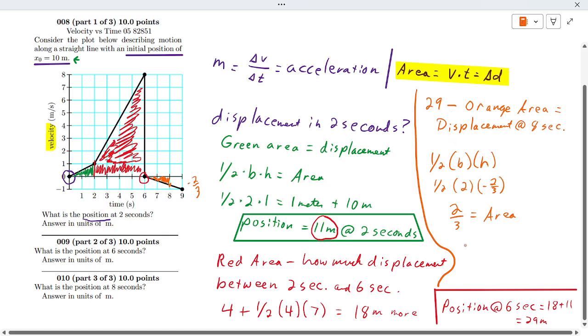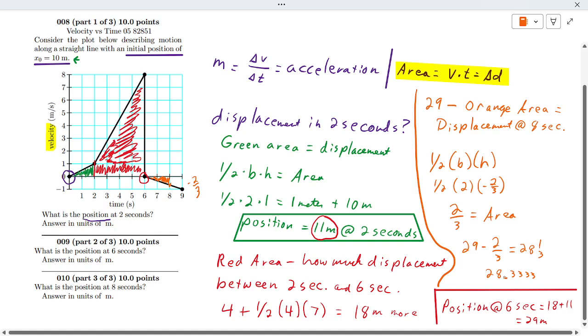So if I take 29 and subtract 2/3, I will have 28 and 1/3, or 28.3333 for the purposes of putting it into your homework value.